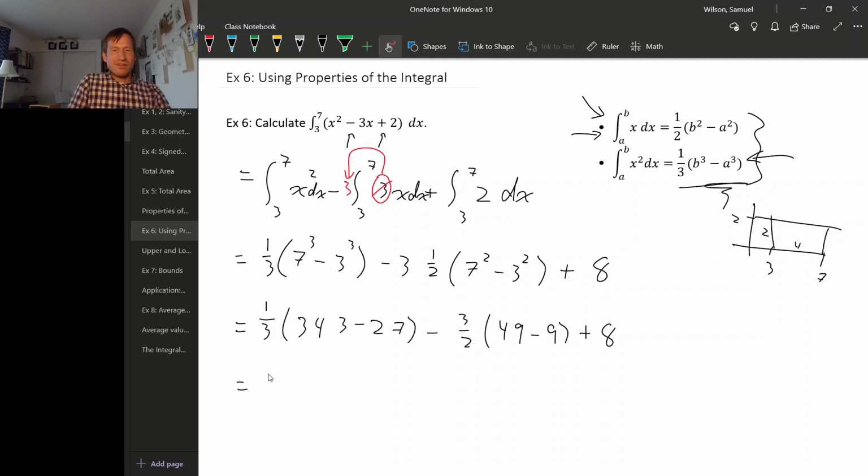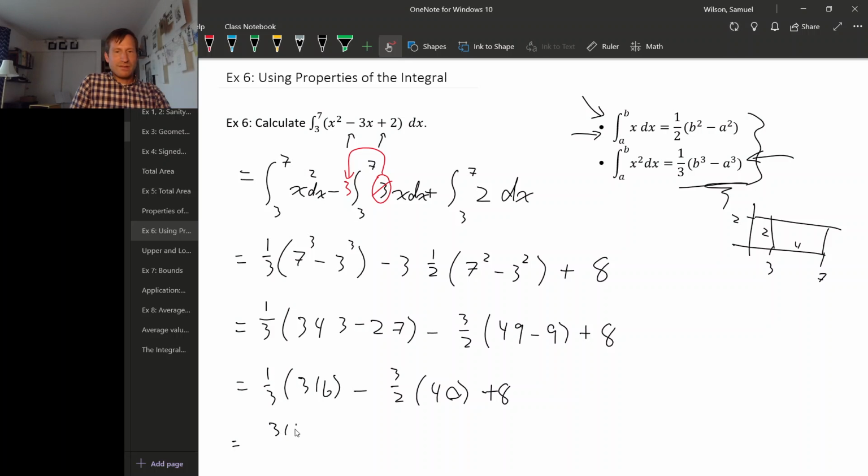And then we can punch this all into a calculator or do the fraction arithmetic ourselves or however you like. So this is 316 minus 3 halves times 49 minus 9, which is going to be 40, plus 8. So 316, is that divisible by 3? No, of course not.